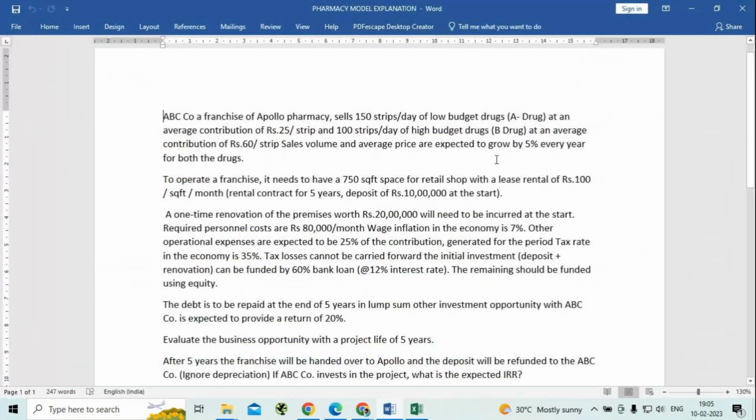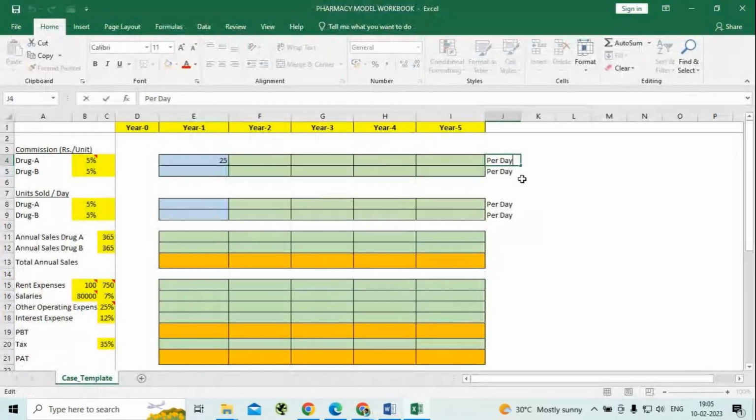Here I'll just change it to per strip. Yeah.